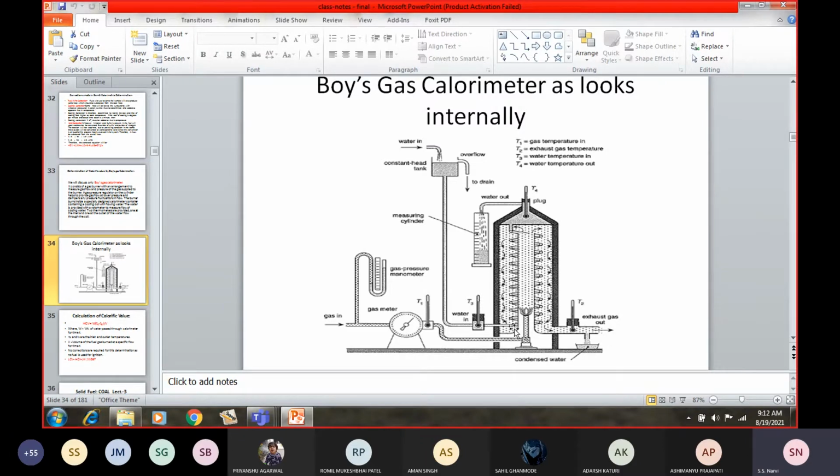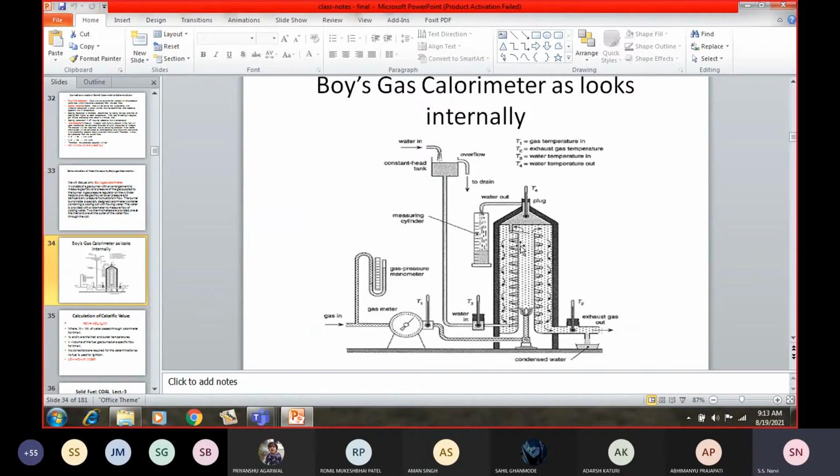The water will rise from the lower portion up to the top, and then it comes to this aperture, from where it is allowed to be collected into this container. This is the graduated flask, so you will be able to know what volume has been collected.